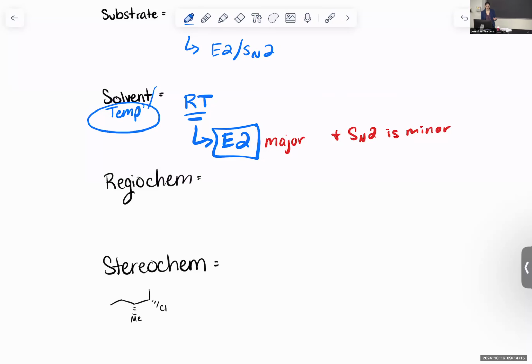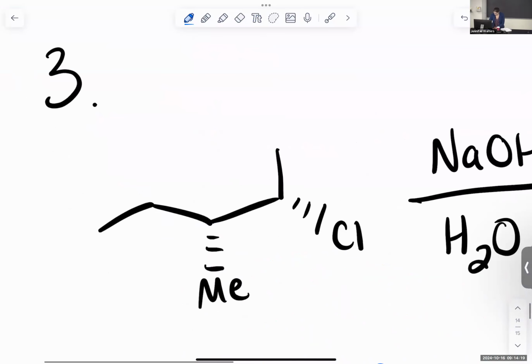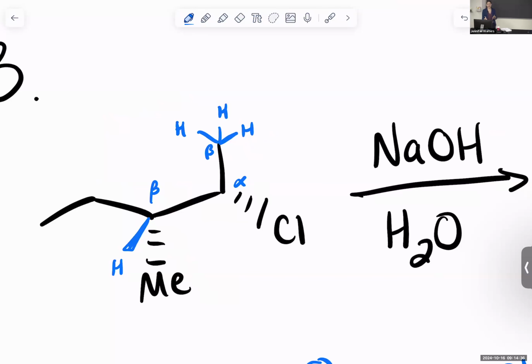That's the big thing, if you don't have beta hydrogens, then it doesn't matter. So I look here, and I have 3 beta hydrogens here, because that's my alpha carbon, there's beta. And then I have 1 beta hydrogen here. So I do have a left and a right side. So what is going to determine which side I attack? How do I know? Yeah.